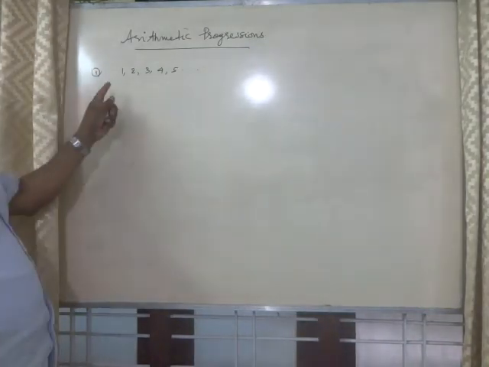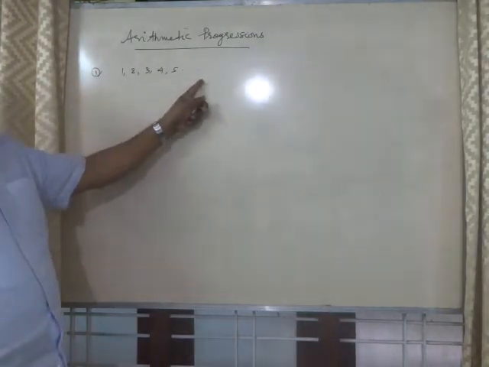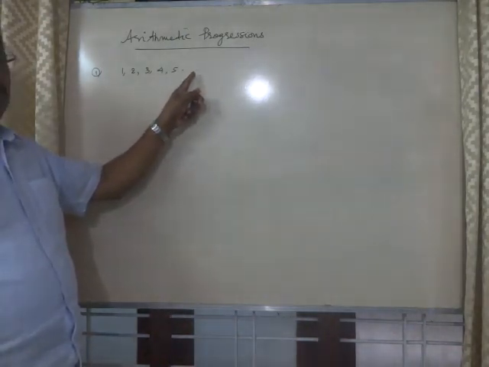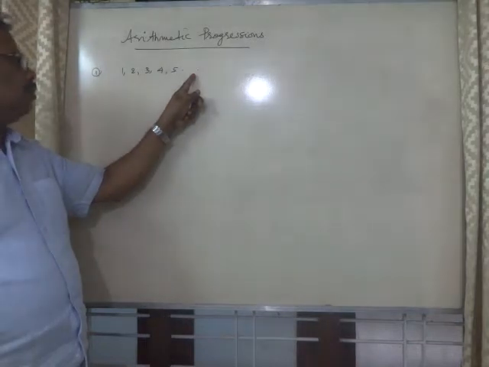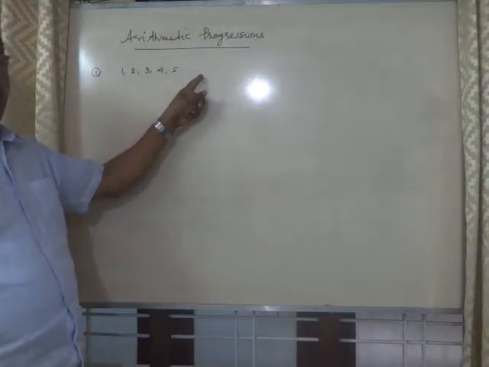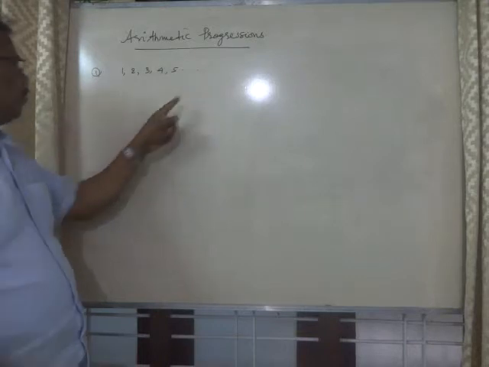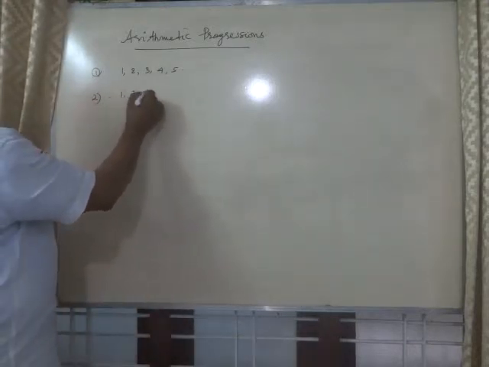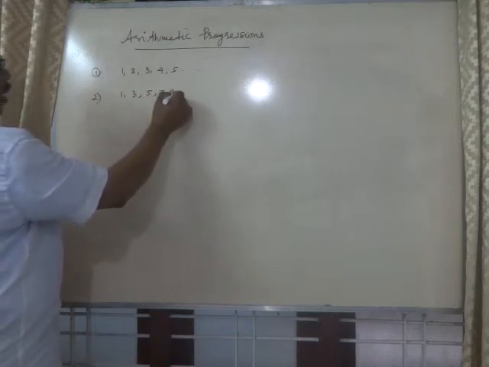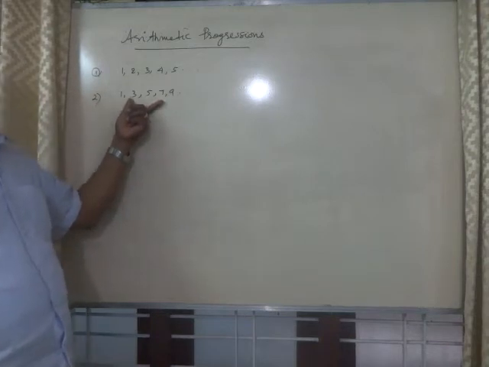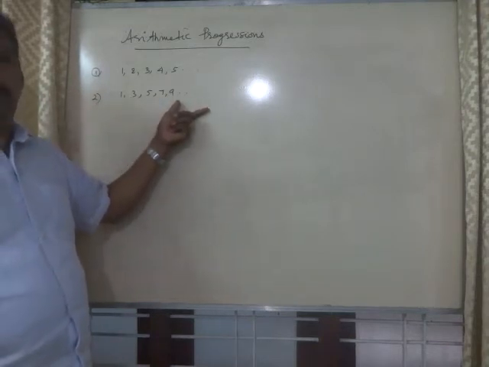See, 1, 2, 3, 4, 5, etc. This is the set of natural numbers. You have seen this sequence several times. Then 1, 3, 5, 7, 9, etc. This is the set of positive odd integers.